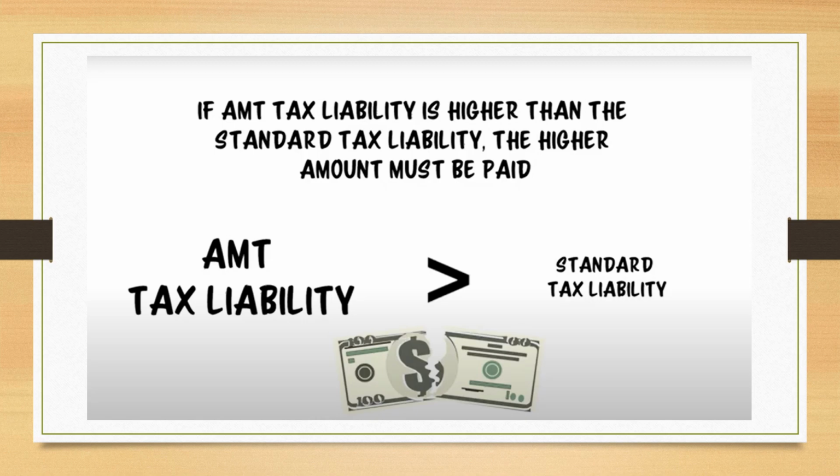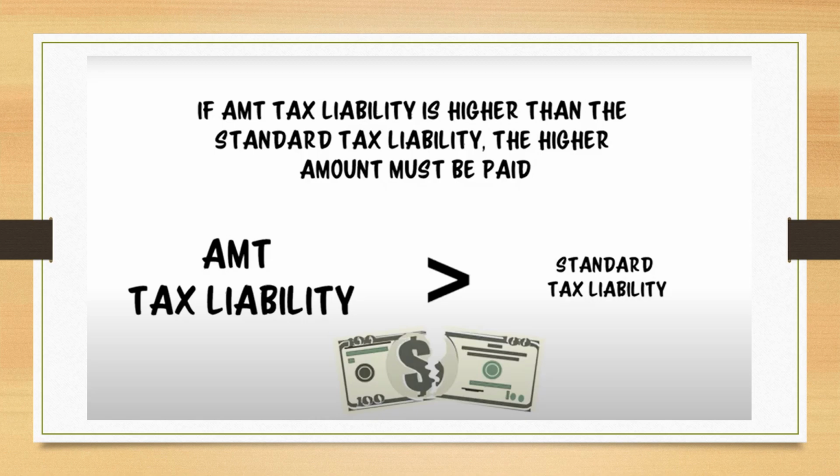This form of calculating your taxes to make sure that you're paying a certain amount is for extremely high income earning people. What they do is they calculate their taxes both ways. They calculate it the traditional way and they calculate it under the alternative minimum tax. Then they look at the two totals and they pay the higher of the two.